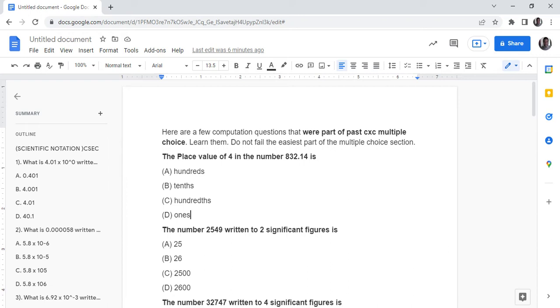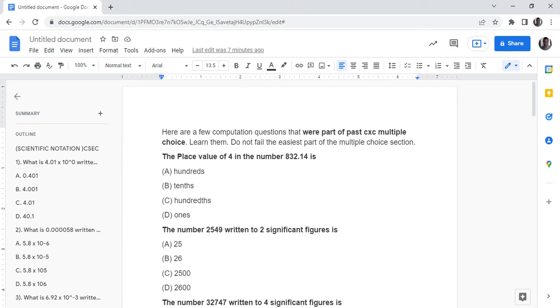We would have learned that the number on the right side of the decimal point has a different value from the ones on the left. In this case, the 4 is on the right side of the decimal point, so the 4 would be in the hundredths place. So our answer would be C.